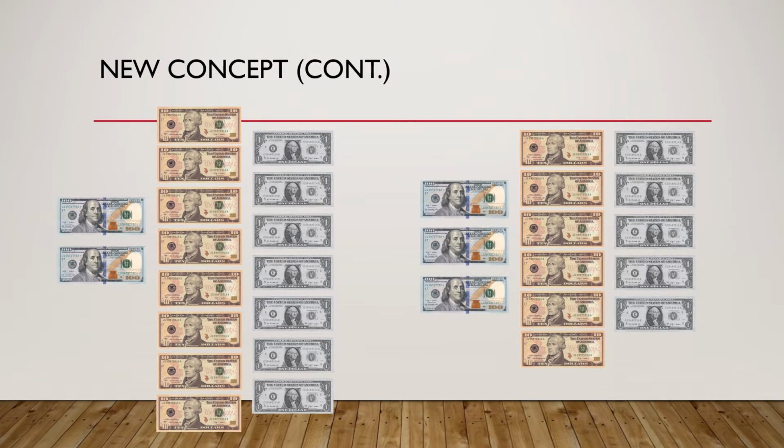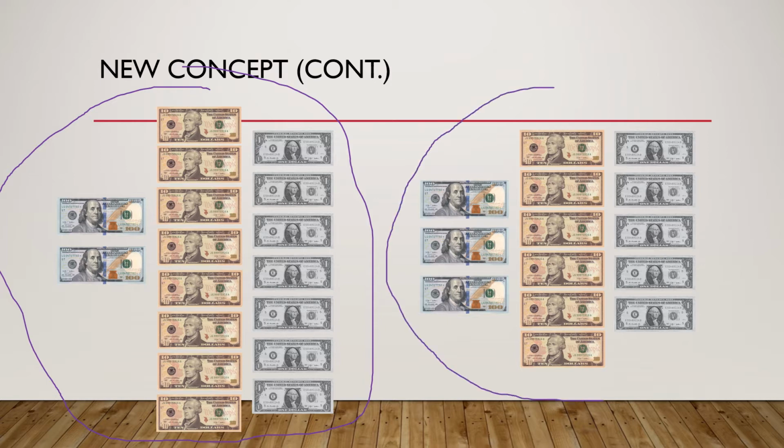So like I said, now I'm going to show you that addition problem with pictures. So here we have our $287. And over here, we have our $365.